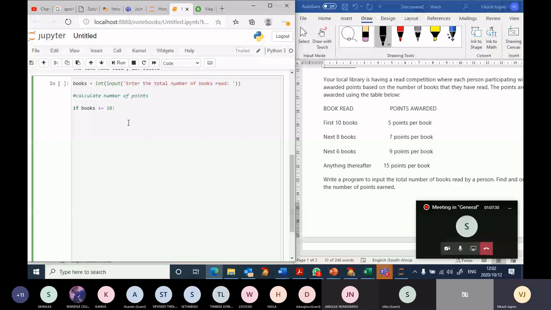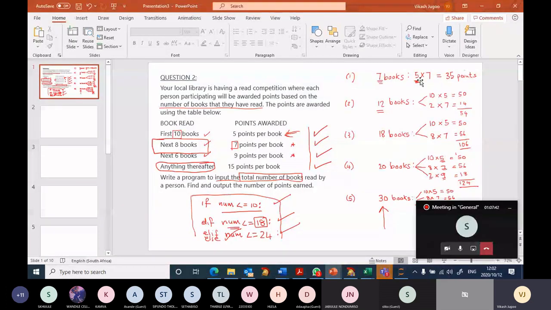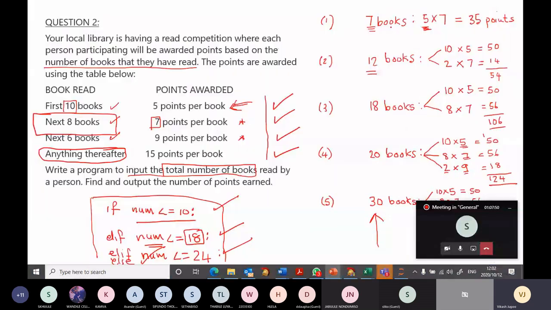Equal to 10. And how do I work out my points? If you remember, all we did for the first case is we took the number of books and we just multiplied it by this case here. We took the number of books, which was 7, and we just multiplied 7 by 5 because each book was 5 points.